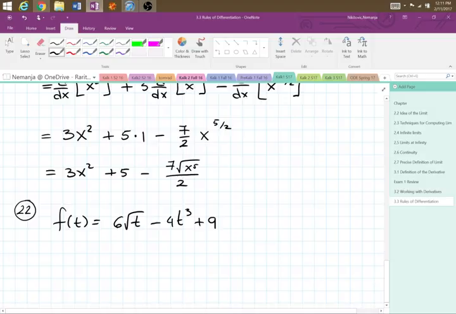So find f prime of t, the derivative. And we'll discuss notation right after this example. Proper notation, so you don't trigger my allergies and stuff.